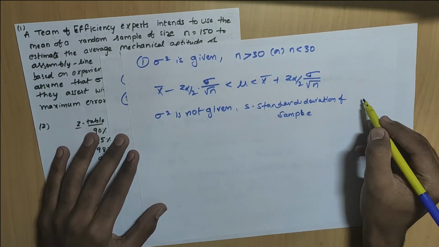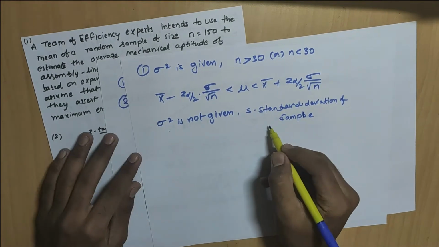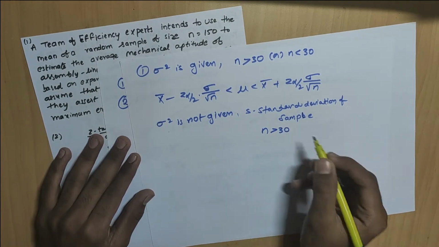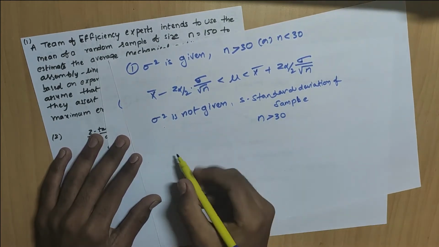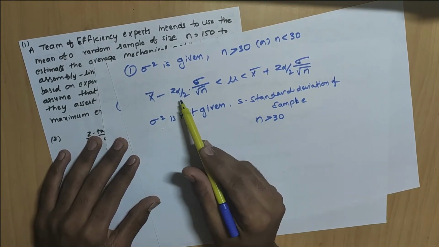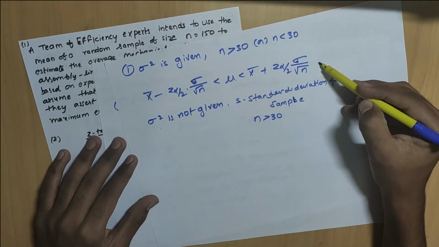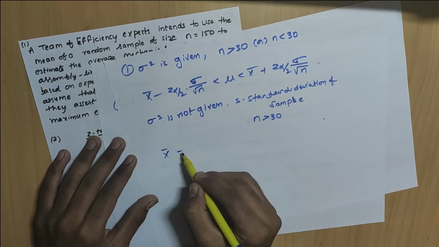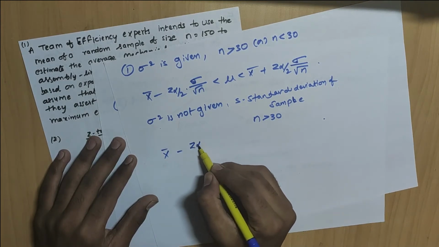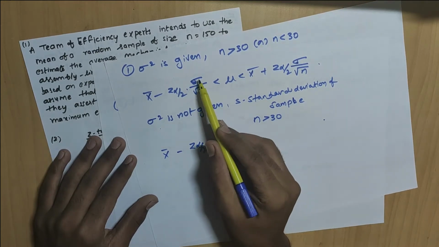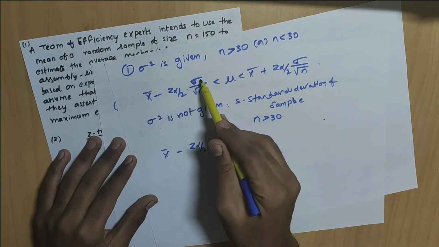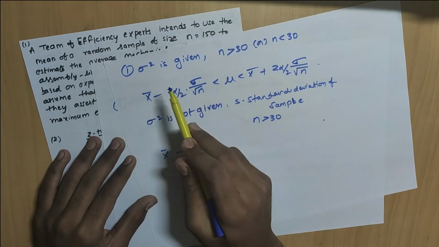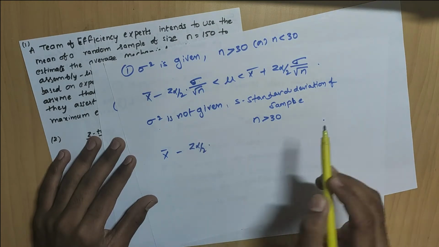When n is greater than 30, there is a minor change from the previous formula. We write x bar minus z alpha by 2 times s by root n. Here sigma is the standard deviation of the population, and s means the standard deviation of the sample.